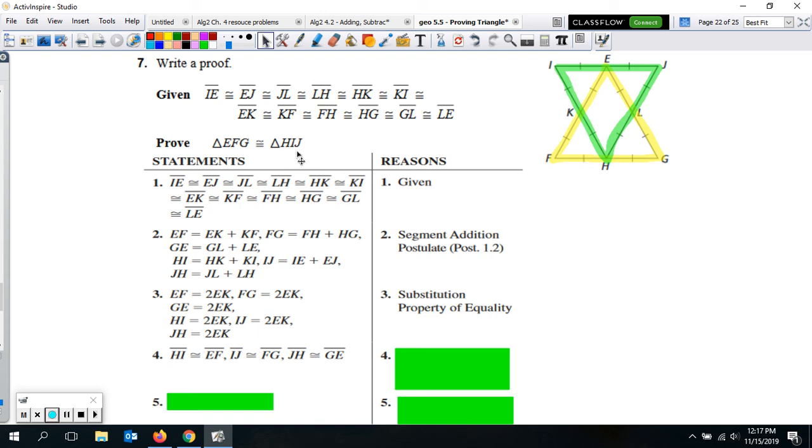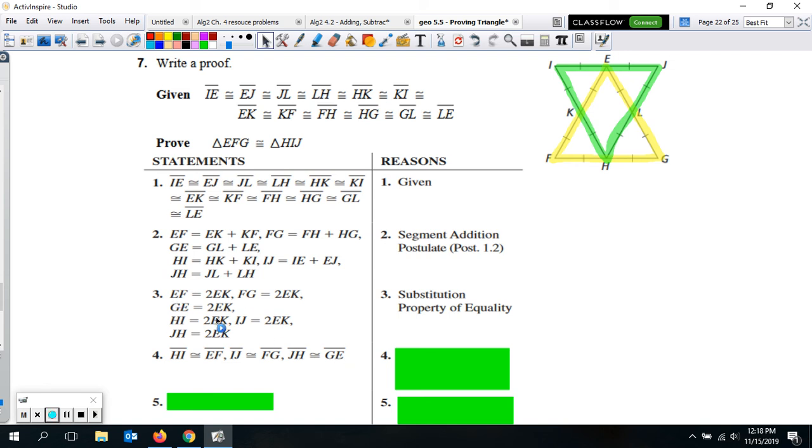FG, IJ, there's the next one. Those are congruent to each other, and we want to show them congruent even though obviously everything is congruent to each other here. We know that because they're equilateral, but we want to do it in a way that would work with this congruence statement. And then we can see the G E is going to be congruent to J H, or GE they used, and JH. Those are congruent to each other.